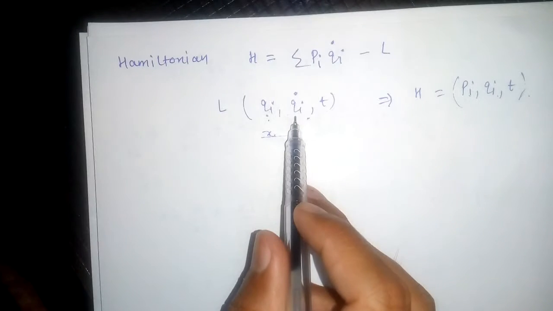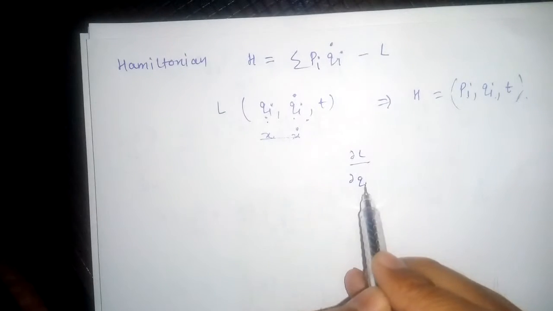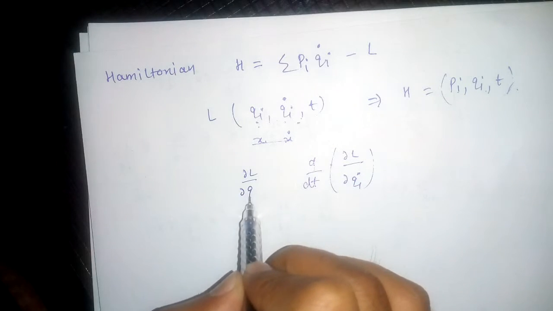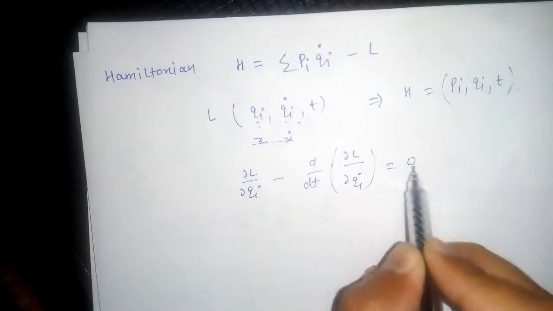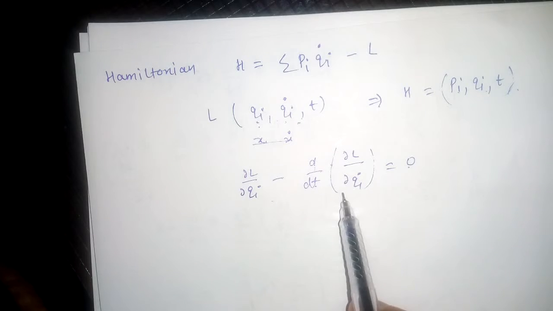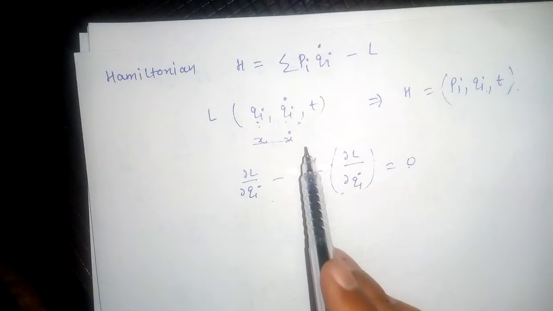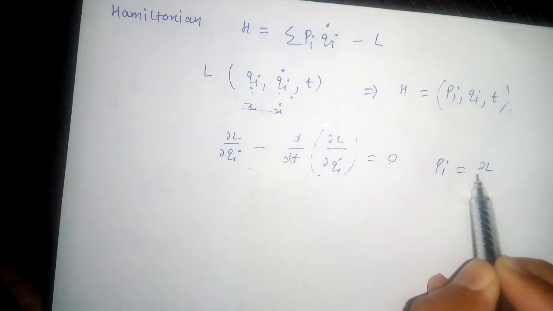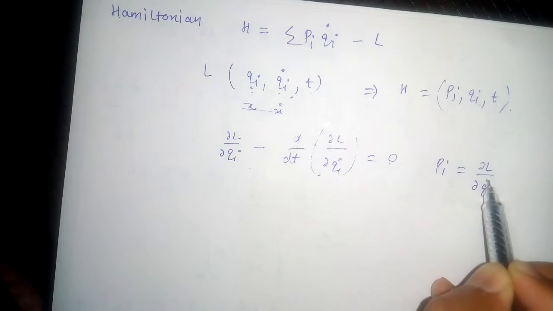Qi dot will be found from that expression, the equation of motion. We can find Qi dot if it is given, or in terms of momentum, pi equals delta L upon delta Qi dot.